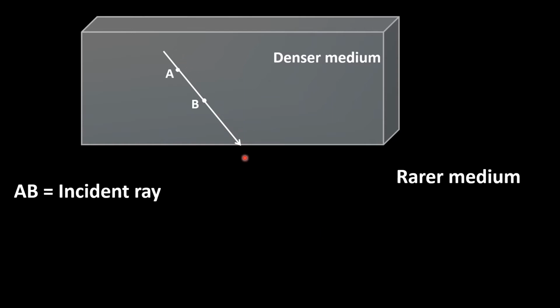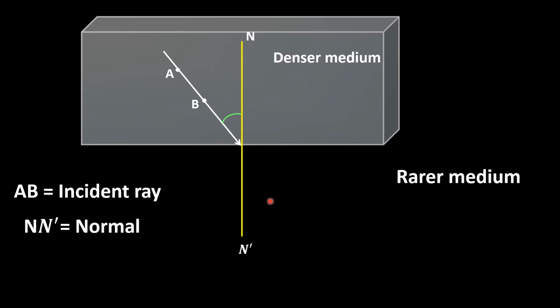In which direction does it go? In order to draw the refracted ray, we have to draw the normal at the point of incidence. This is the normal, N dash. Now, this is the angle of incidence I.